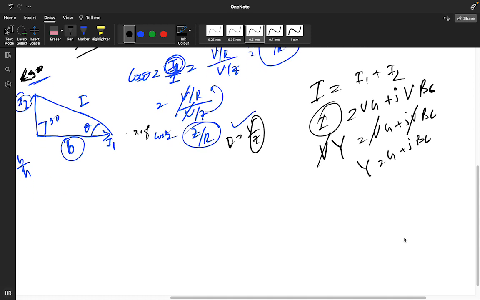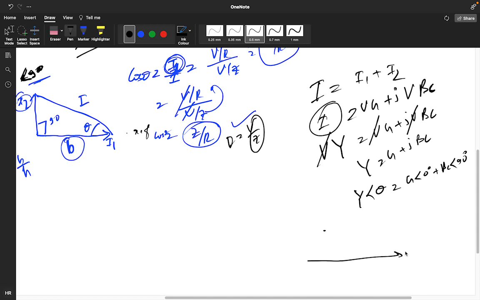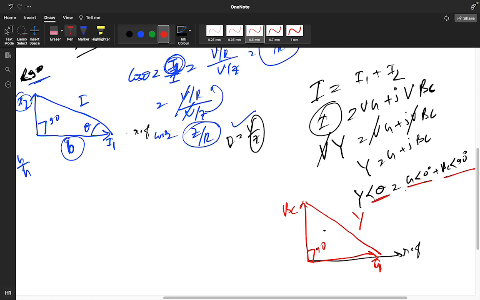So for the capacitor, what is happening? You can make it like this: Y at an angle theta, G at an angle 0 degree, and BC at an angle 90 degree. You have a reference point, and G is on the reference only. BC will lead by 90 degree, and the combination of G and BC will give you Y, with theta staying wherever the G, the R part, is.